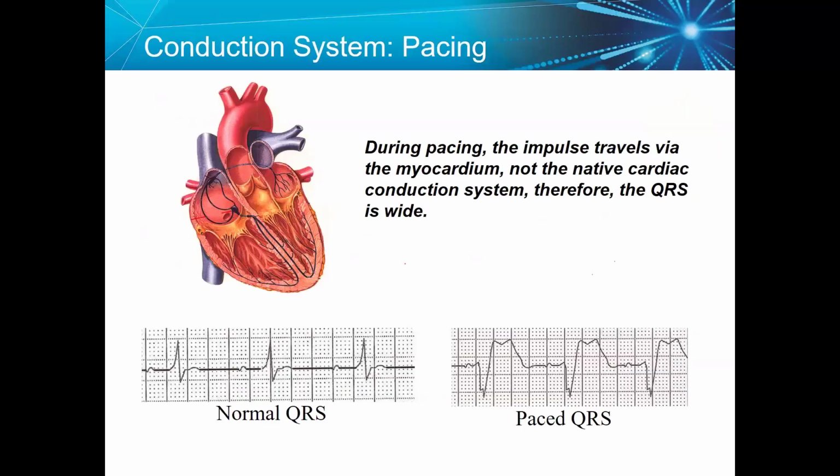Okay, during pacing, the impulse travels via the myocardium, not the native cardiac conduction system. Therefore, the QRS is wide. This is an old version, as now we have conduction system pacing, so not every paced rhythm is wide. We have left bundle area pacing and His pacing now.